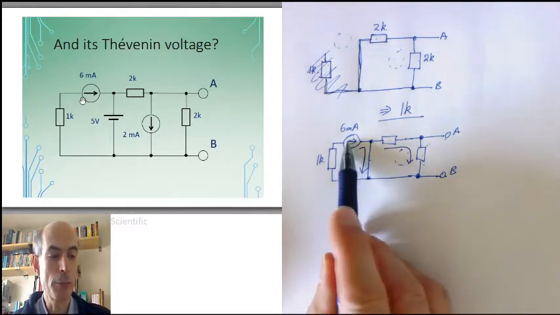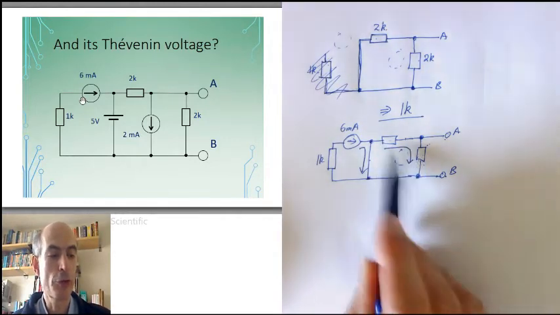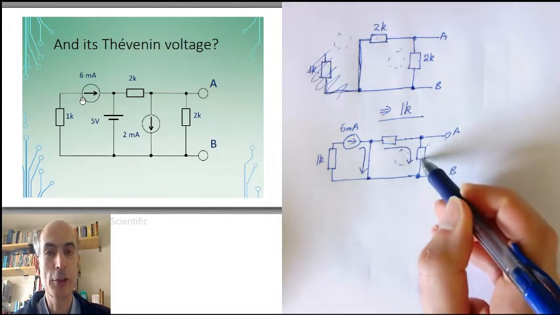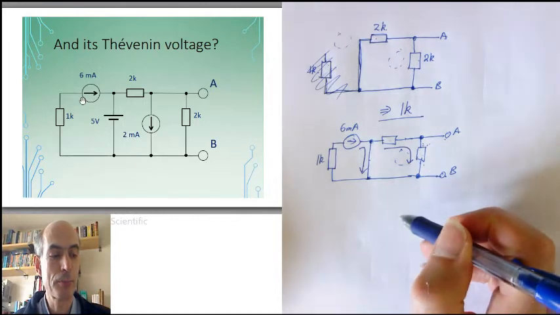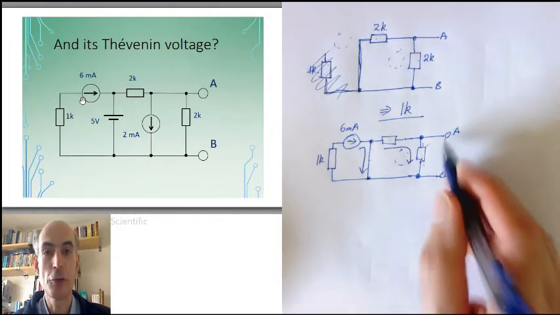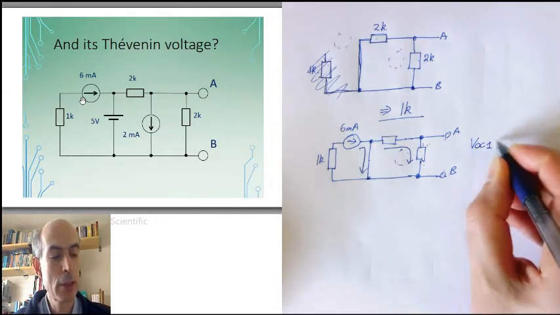Well, all of the 6 milliamps is going to flow through the wire, the 0 ohm resistor. So no current is going to flow through these 2 resistors, and with no current flowing through this resistor, there's going to be no voltage across it. So my first contribution to my open circuit output voltage, I'll call it VOC1, is just 0.